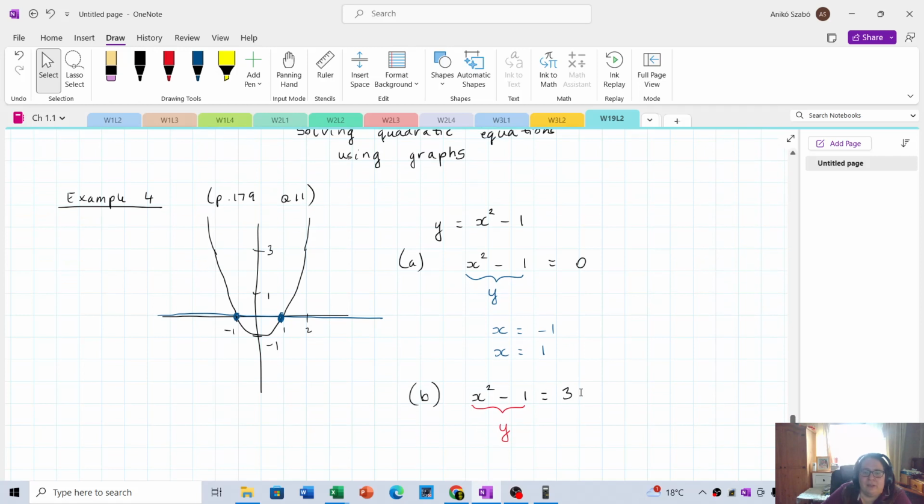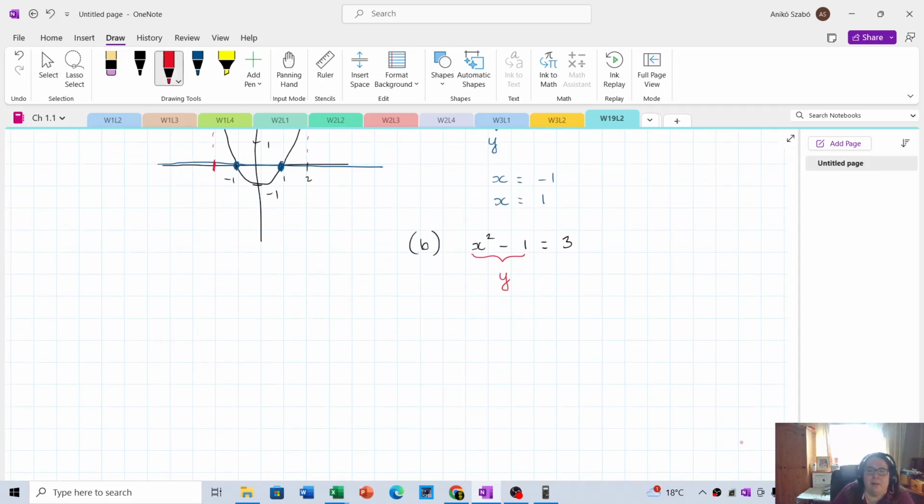Or you can draw in the line y equals 3. Doesn't matter how you look at it. Either way, it's this point and that point. These have y coordinate 3. The first one has x coordinate -2, and the second one has x coordinate +2. So the two solutions are x equals -2, x equals +2.